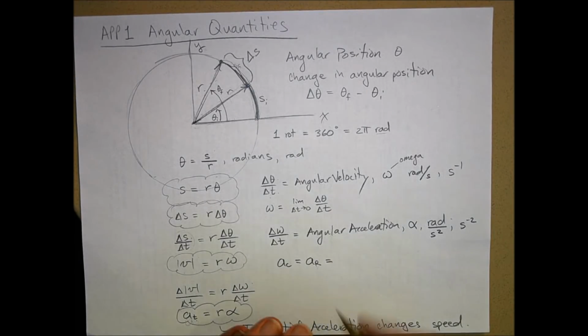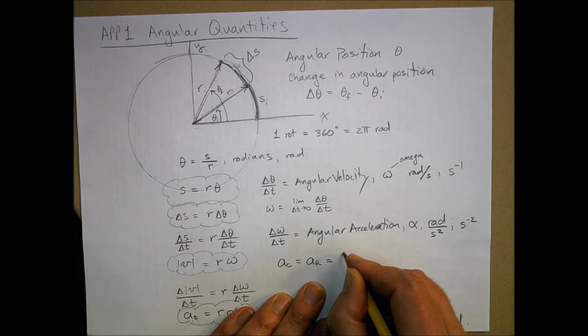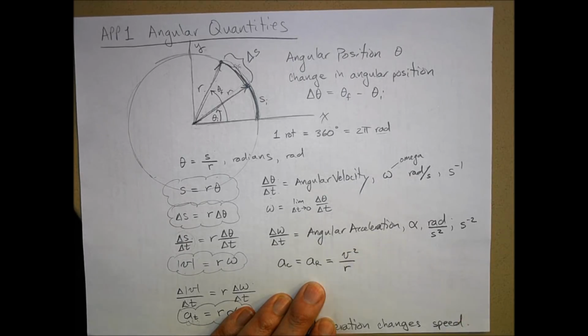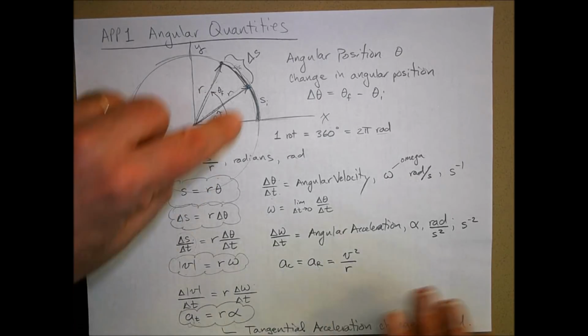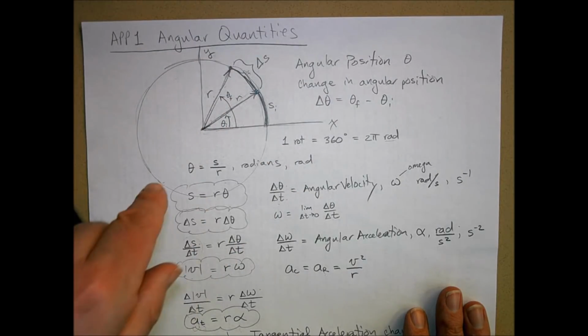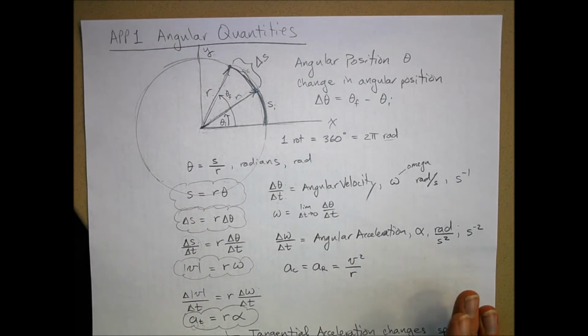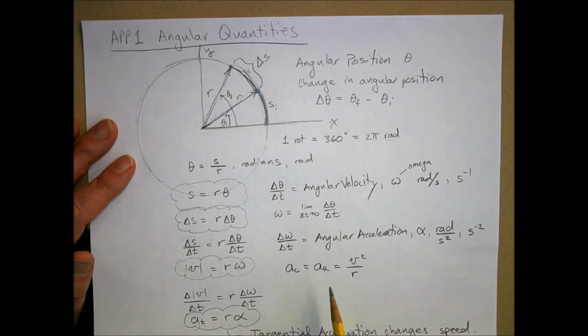What was the formula for centripetal acceleration? It equals v squared over r, right? This is the magnitude of the acceleration that is changing the direction. Look, this object is going around in a circle, so there has to be a centripetal acceleration. And that centripetal acceleration is equal to its instantaneous speed squared divided by the radius. But we have an equation for the speed.